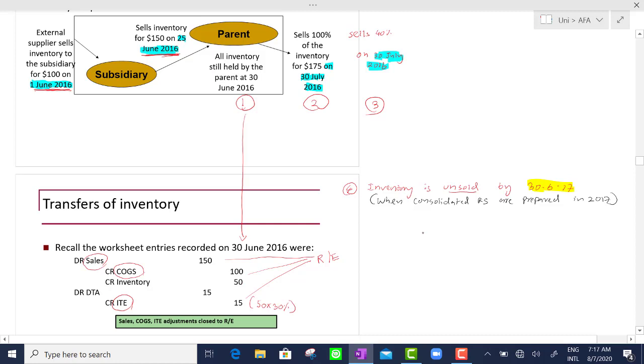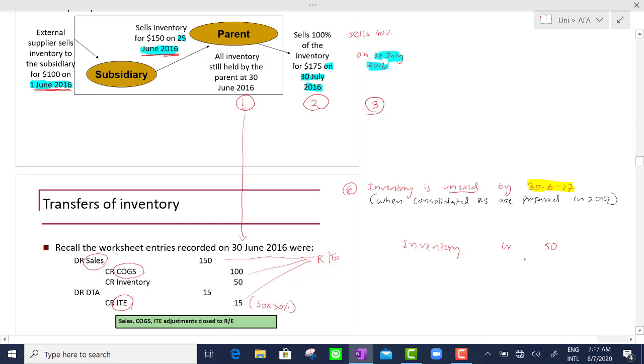Therefore, the entry should be for the totally unsold inventory: inventory account credit 50, because it is still there in the parent company, the purchaser, by 30th June 2017.